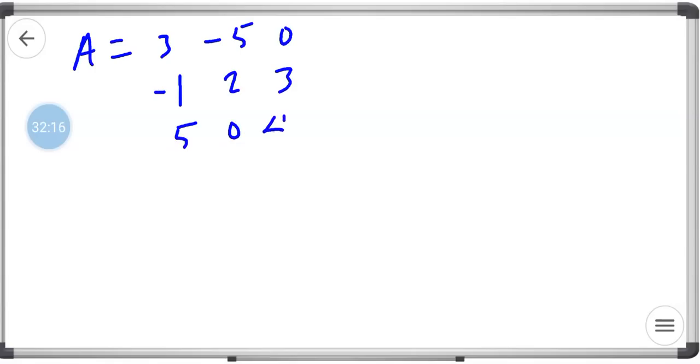If matrix A equals, our A is 3, -5, 0 in the first row, -1, 2, 3 in the second row, and 5, 0, 4 in the third row.